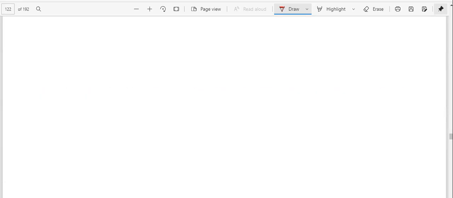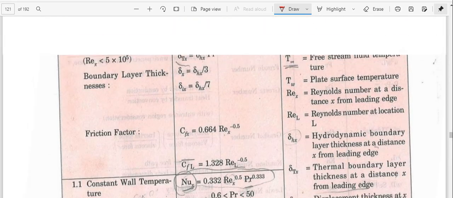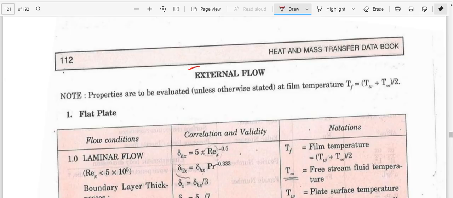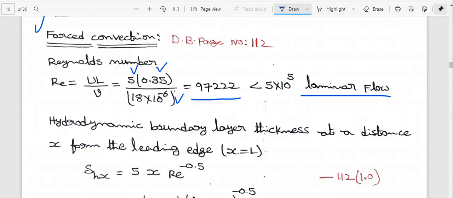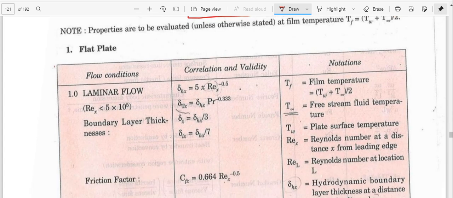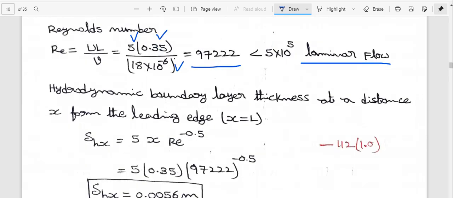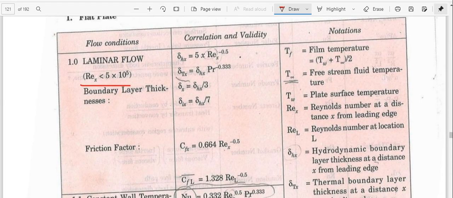This is forced convection, external flow, flat plates. Here the Reynolds number is less than 5 into 10 power 5. This is the laminar flow equation.